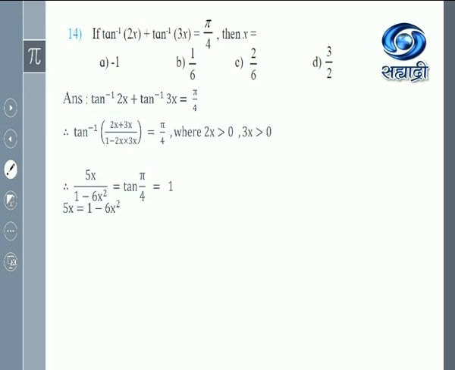We have 5x upon 1 minus 6x square is equal to 1. So we cross multiply and we will get 5x is equal to 1 minus 6x square, which is this step.